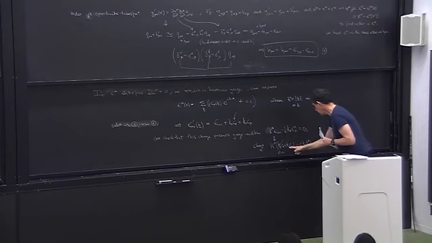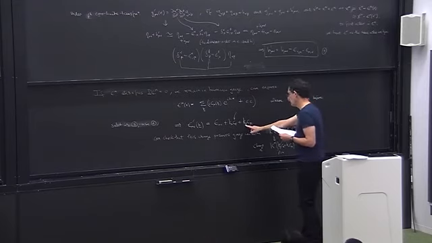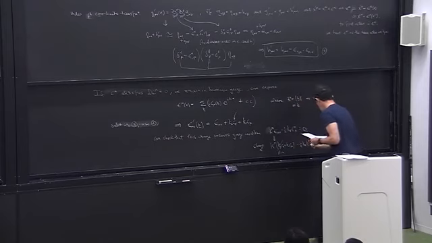And then these two terms are identical. Sorry, I've got a factor of 2 wrong. There are 2 terms here, so when I take the trace, there's really a 2.